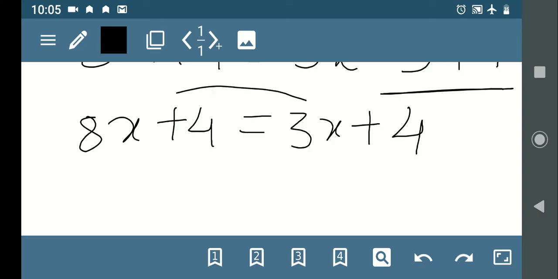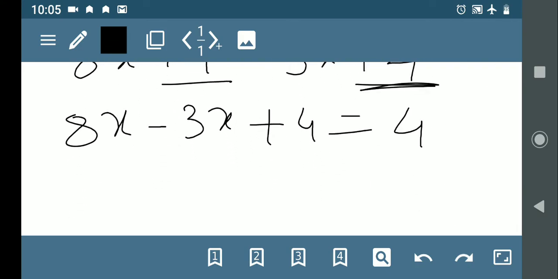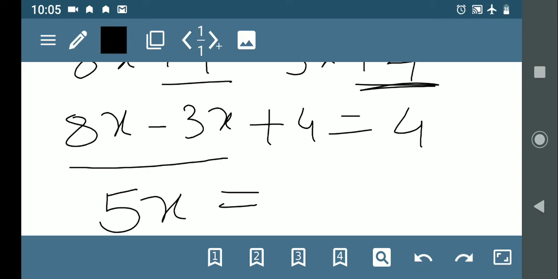Now take your 3x to LHS, it becomes 8x minus 3x, we have plus 4 is equal to, after taking 3x to LHS, what is left? Just 4 is left here. So 8x minus 3x is 5x is equal to, send this plus 4 to RHS.